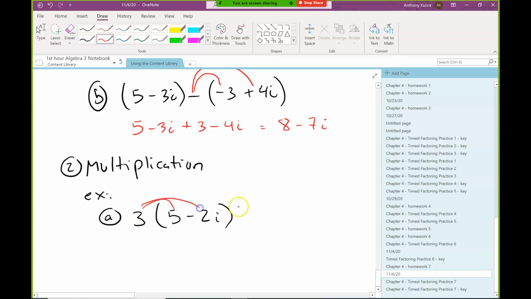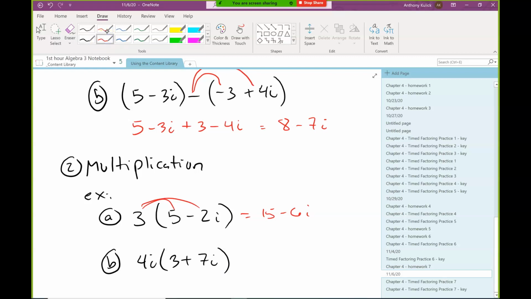Yep, that's all we're going to do. What if instead this looked like this? Still distribute, right?